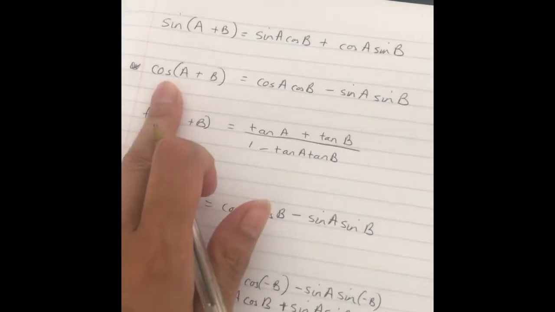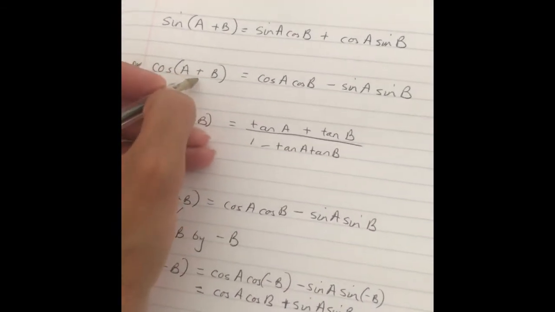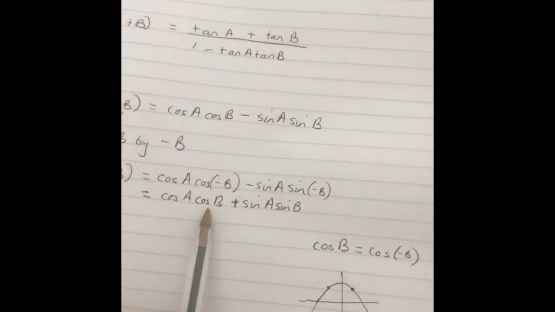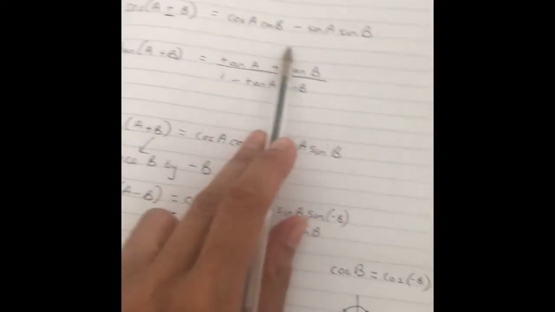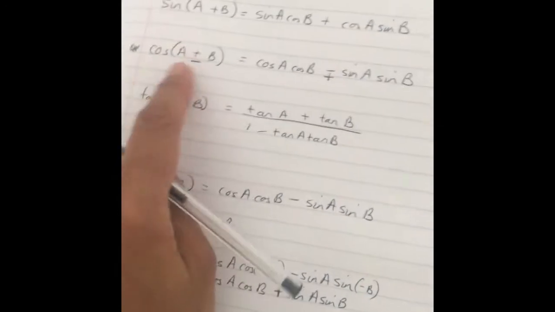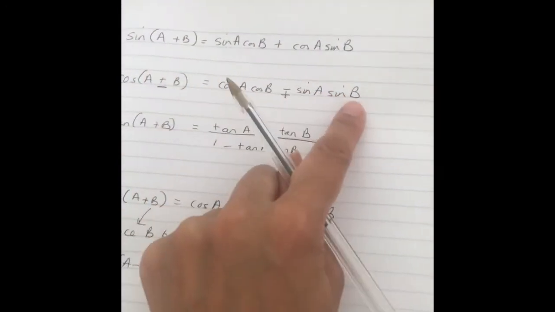If I go back to the beginning, I have cos of a plus b and cos of a minus b as well. It's exactly the same, cos a cos b and sine a sine b, except instead of a minus, I've got a plus. So when you've got cos of a minus b, it'll be cos a cos b plus sine a sine b.